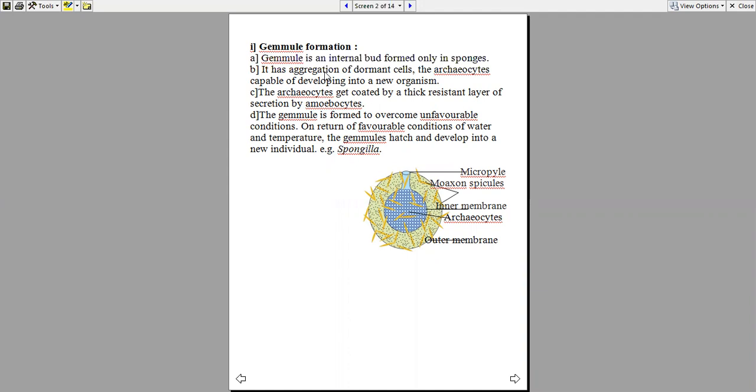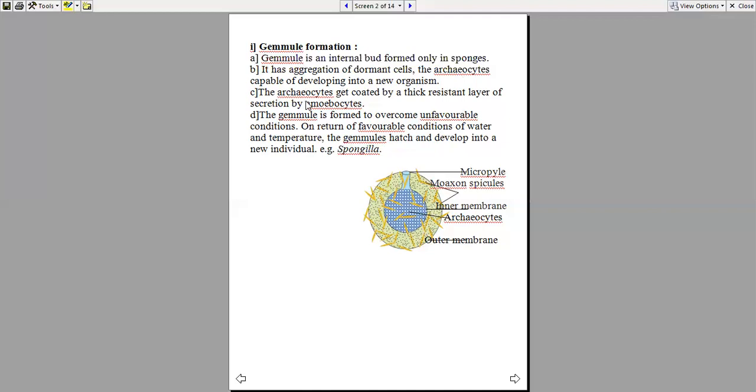Sponges have a cell aggregate plan, and in cell aggregate pattern, we all know that the organism is made up of collection or aggregation of cells. And the name of those cells is archaeocytes. We can also call them as amoebocytes. These archaeocytes are capable of developing into a new organism.